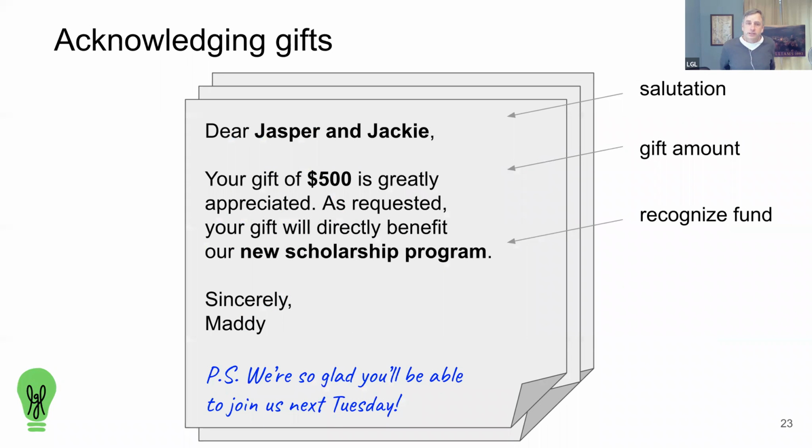When you're acknowledging gifts, or sending out an appeal for that matter, you want to personalize it as much as possible. So of course you would bring in their proper salutation; check that carefully, make sure your database is in good shape with salutations. Thank them for the gift amount.